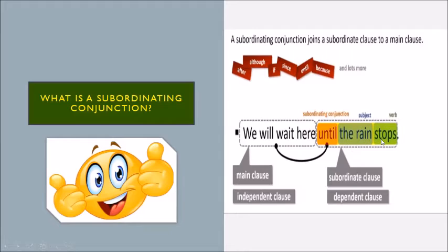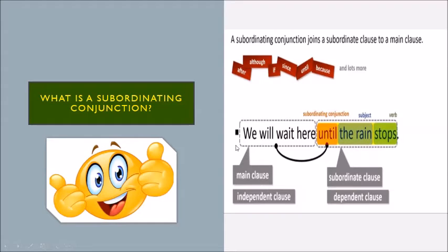But the second one, that is called the subordinated clause, depends on the first sentence. If the first sentence doesn't exist, the second one doesn't have support to exist: until the rain stops. Okay, until the rain stops, what happened?